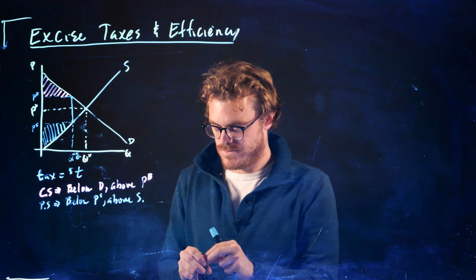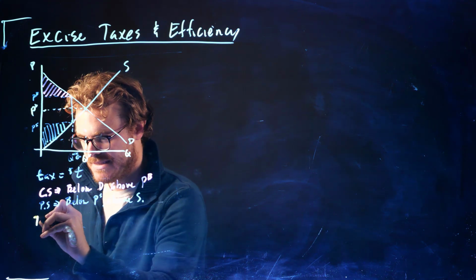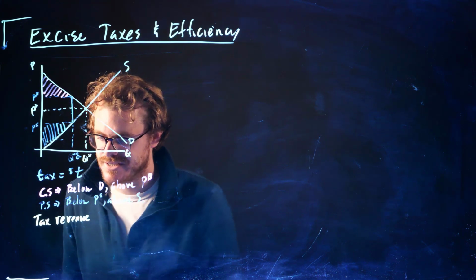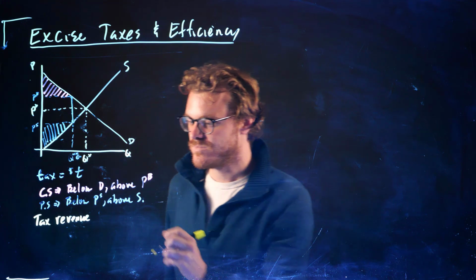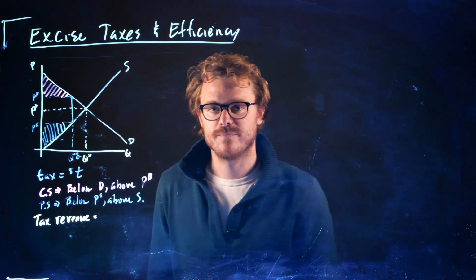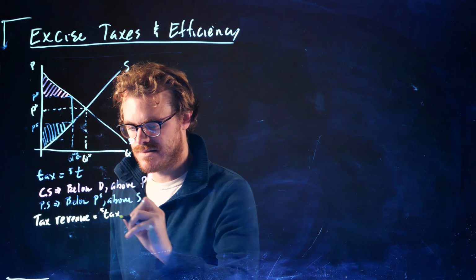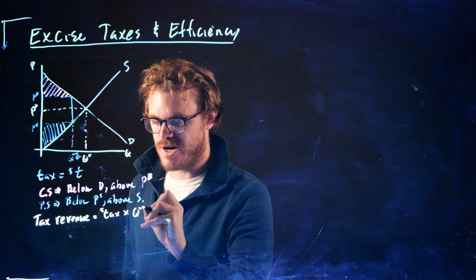Now, we briefly talked about it in class, but tax revenue, we're going to assume the government is an efficient spender of tax revenue, take that as you will. And the amount of revenue the government gets is going to be the size of the tax times Q star star, right?